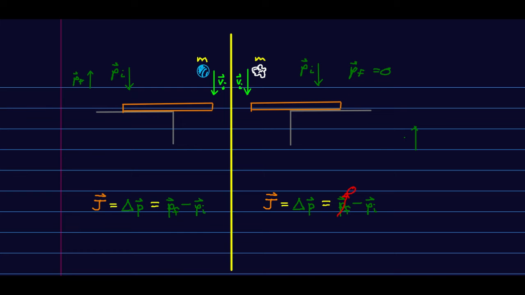There is negative p_i, and that is equal to the impulse imparted on the wad of paper. With the ball, well, we have to do a proper vector addition, right? So we're going to have our p_f, something like this, minus the p_i, and to end with it like so. And so we get this much larger J.